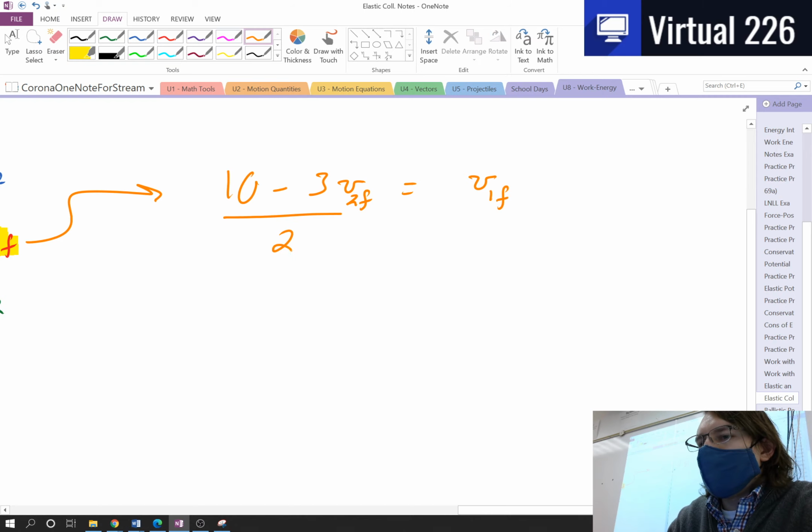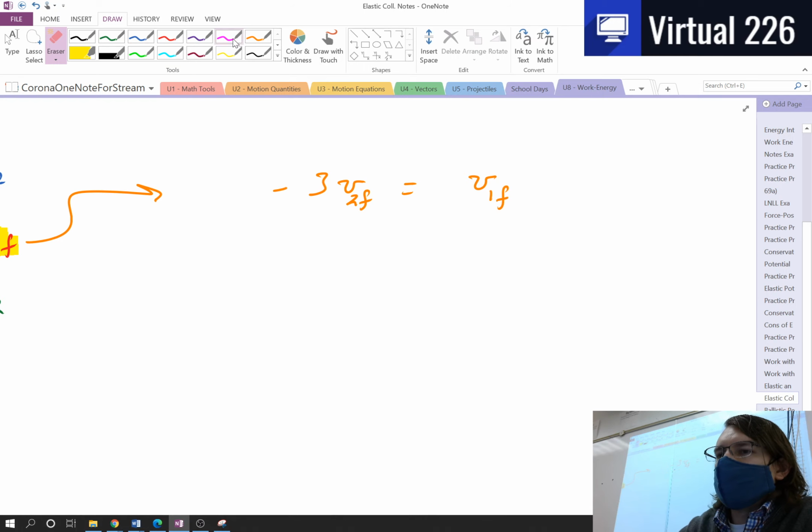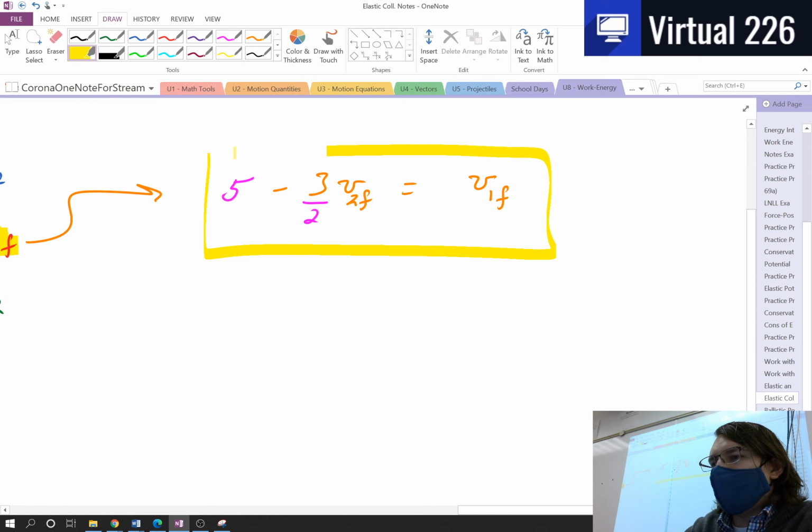When I divide by 2 like this, I'm going to simplify. We'll see why it makes it a little bit easier later on. 10 divided by 2 is 5. And 3 divided by 2, I'm just going to say, is 3/2. But this equation is equal to v1f.